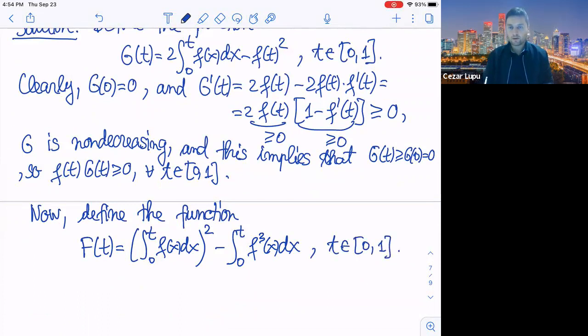Just like I said, we're going to differentiate this, and we would like to see what happens. All right, let's do that.